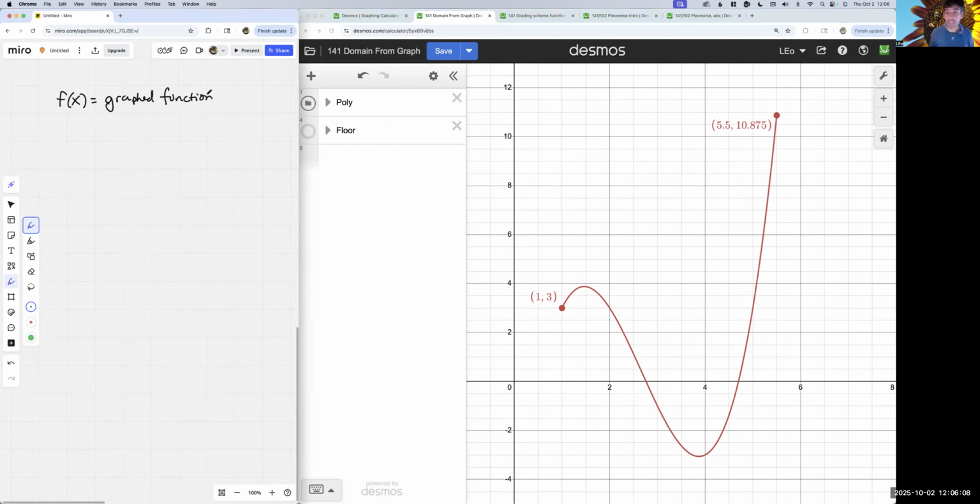So our domain is the input values, right? So if we look at this graph, we're looking at the entire function, and we're imagining all of the x coordinates of this graph.